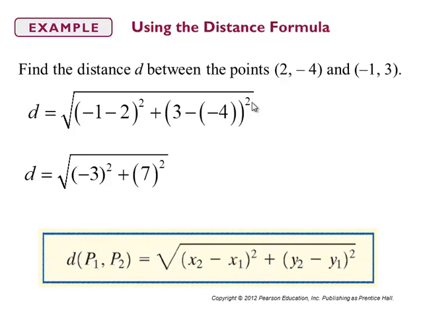And so you'll have the square root of 9 plus 49, which is the square root of 58. And you know what? You don't necessarily have to make a decimal approximation. You could just leave it as an exact number, square root of 58. But if you want to do an approximation, that's fine. You can put it in your calculator and evaluate the square root of 58, approximately 7.62.